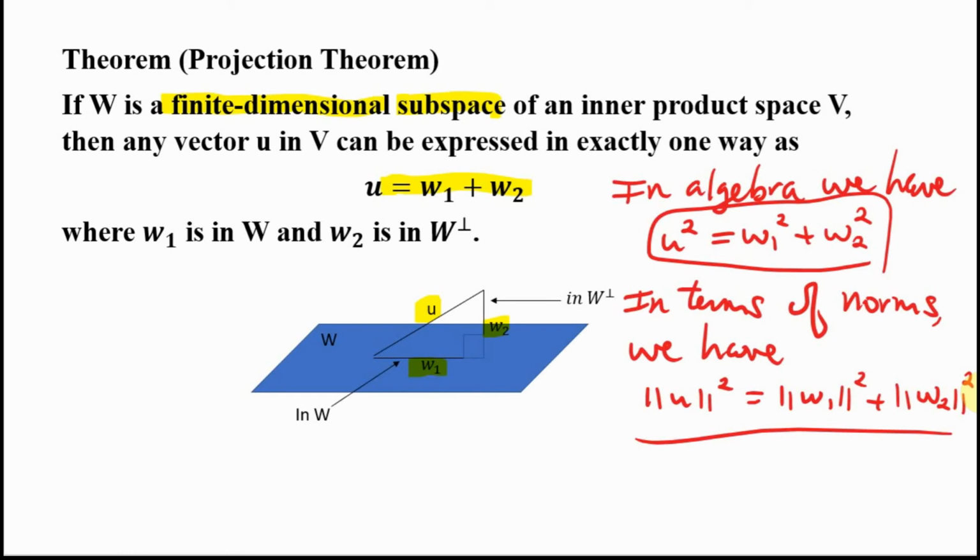Now u is the sum of w1 and w2. So the norm of w1 plus w2 squared is equal to the norm of w1 squared plus the norm of w2 squared.